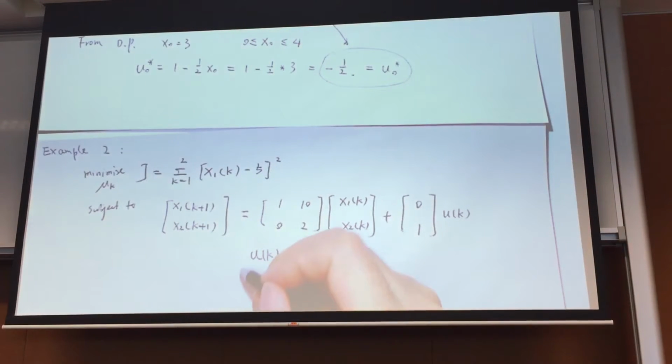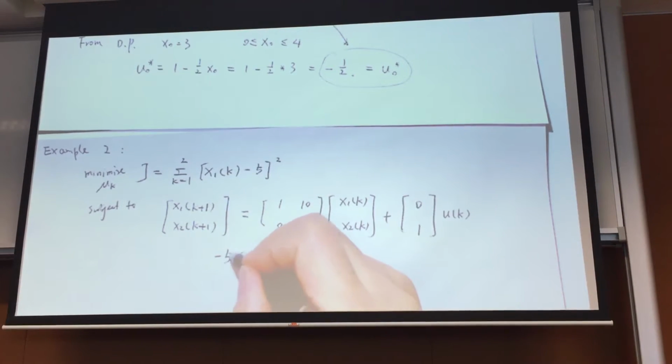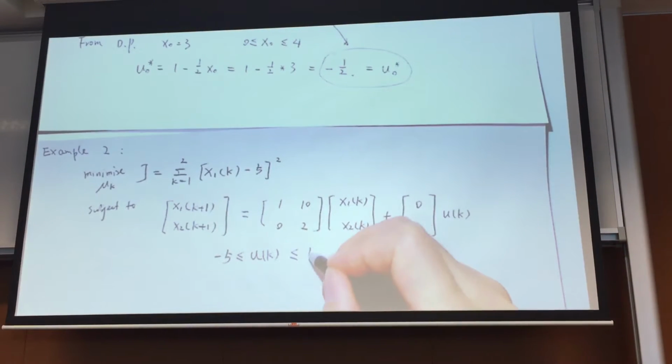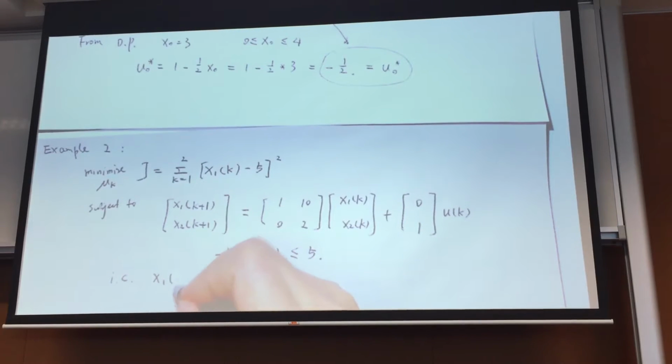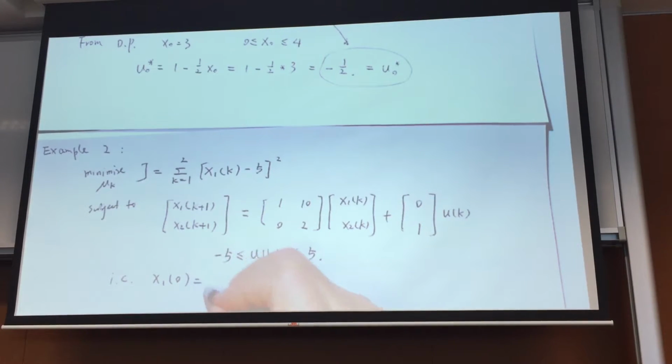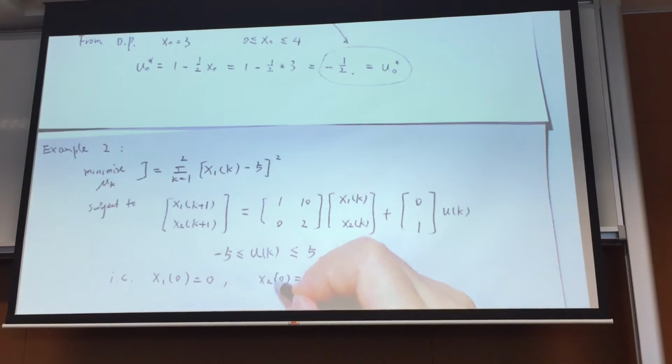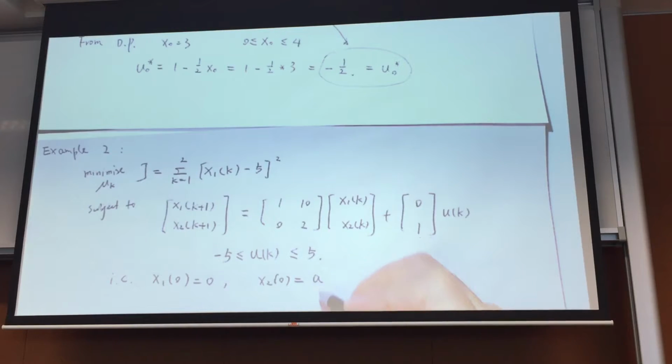And our input is given by a range between -5 and 5. Our initial condition is given by x10 equal to 0, and x20 is a variable, given by a.